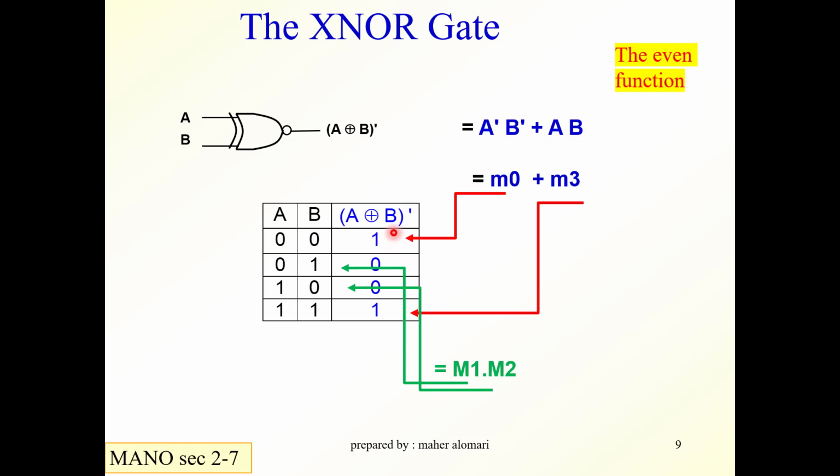Look, the output here is equal to 1 if the inputs are equal. That's why it's called the even function. Here, the number of ones at the input is even. And here, the number of ones at the input is also even.